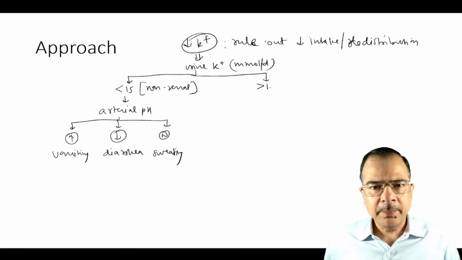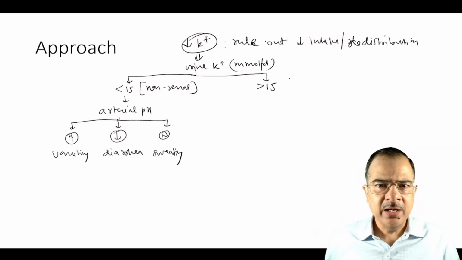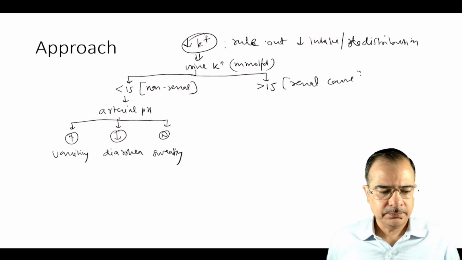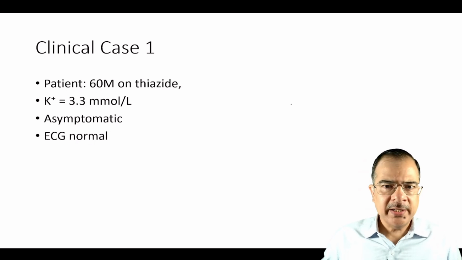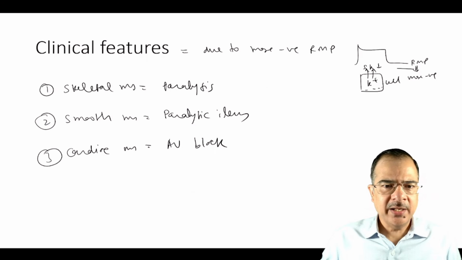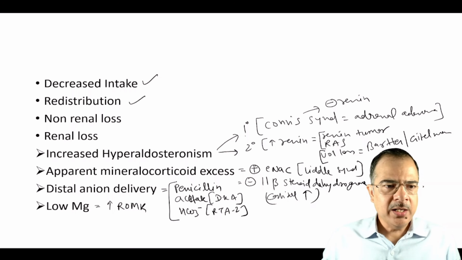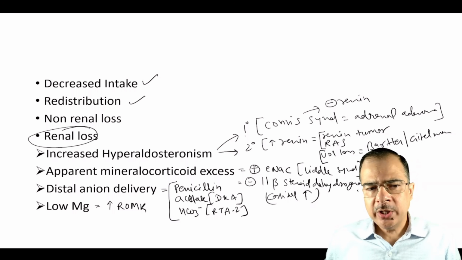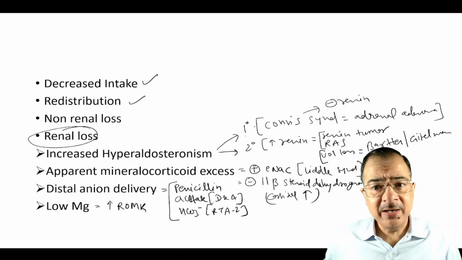And if the potassium in the urine is more than 15, then it is a renal cause. So what are the renal causes? Let's see, these are the renal causes here. So renal loss of potassium can be increased aldosterone, in which primary hyperaldosteronism will have hypertension, and renin level will be reduced by negative feedback.